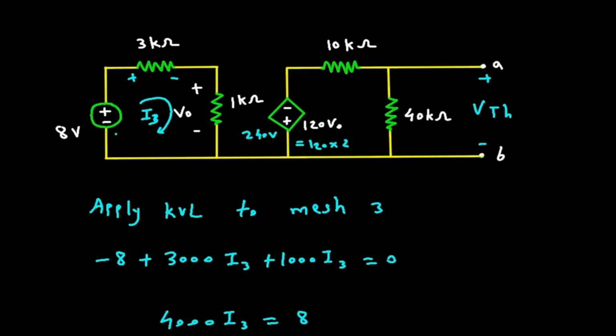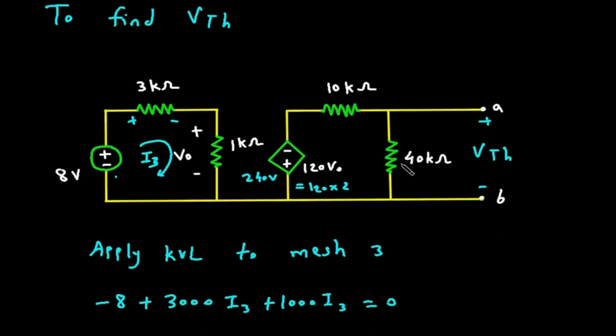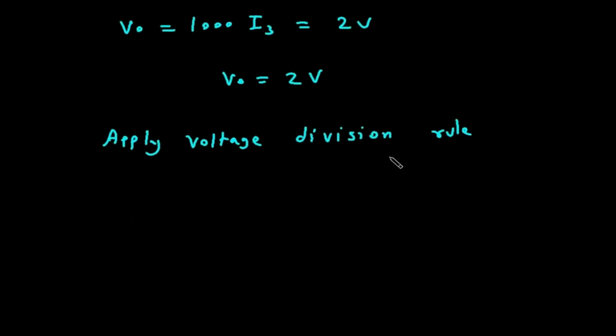Now we will use voltage division rule. Apply voltage division rule. So V40,000 is equal to VTH.